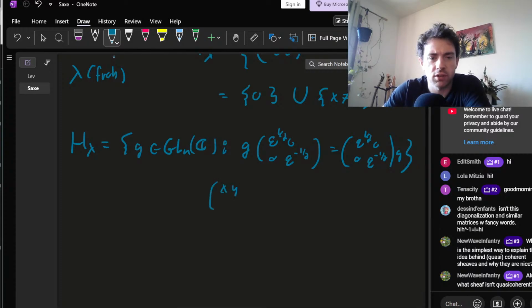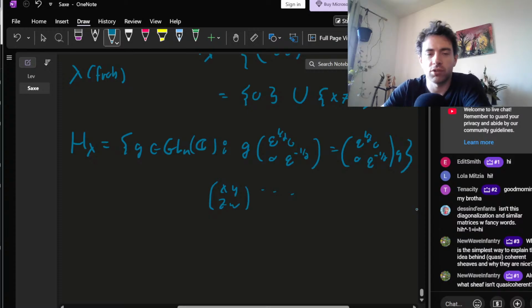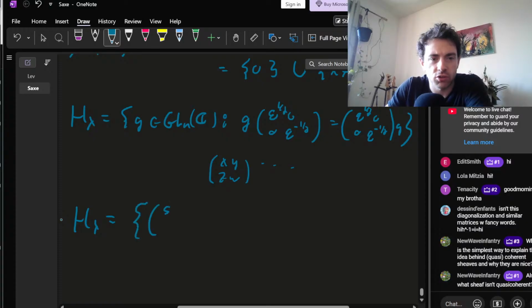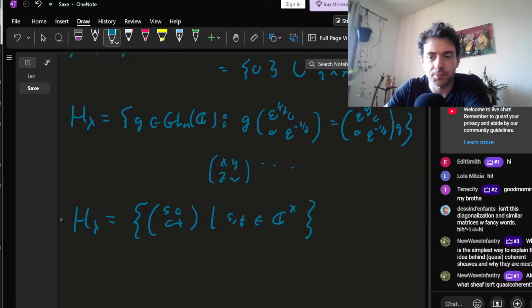Just write x, y, z, w, plug it in, and ask yourself which entries can be non-zero, and you end up finding that H lambda is just the torus. So it's all invertible diagonal matrices, just diagonal matrices with both entries non-zero.